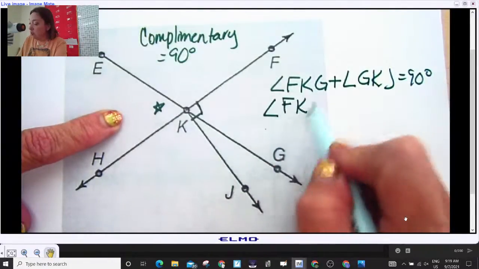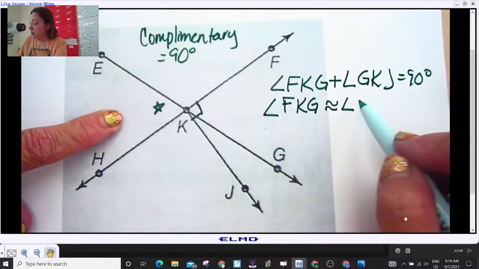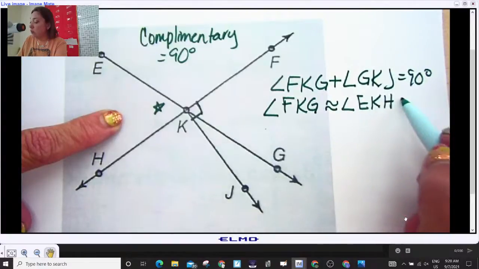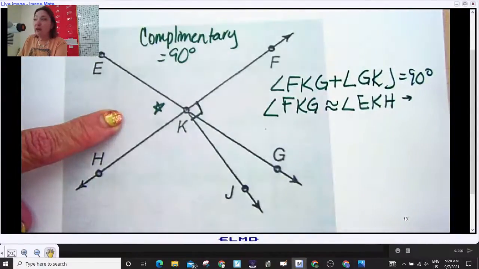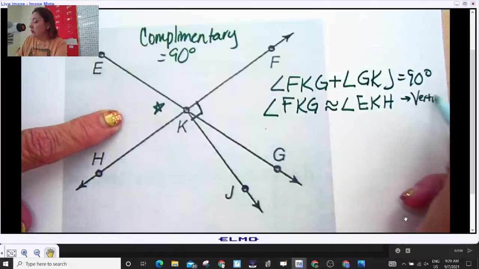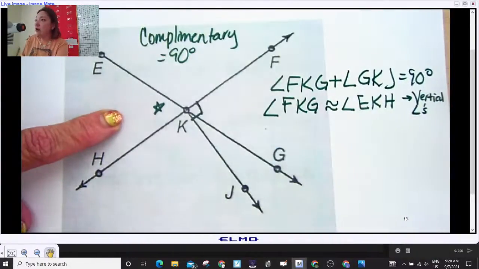Angle FKG is congruent to angle EKH. How do we know they're congruent? What's the reason we know? What kind of angles are they? They're vertical angles, right? Kiss and fish. Them being vertical angles is what lets us know that they're congruent.